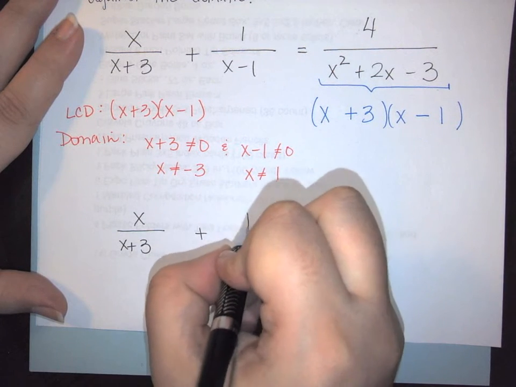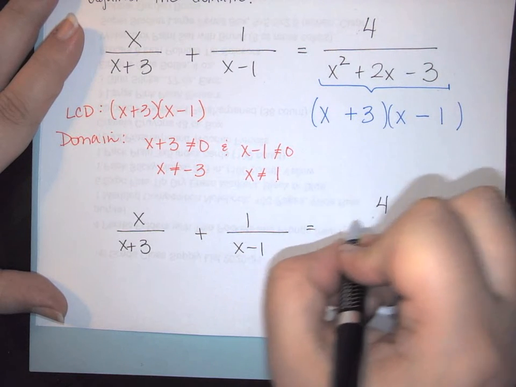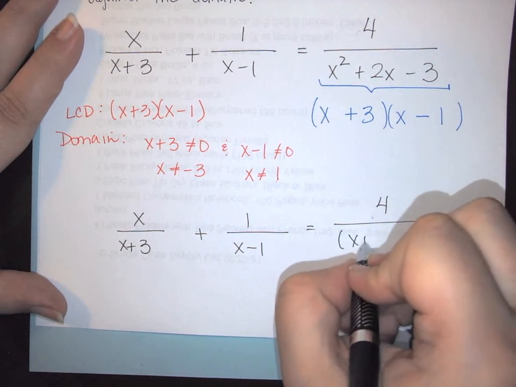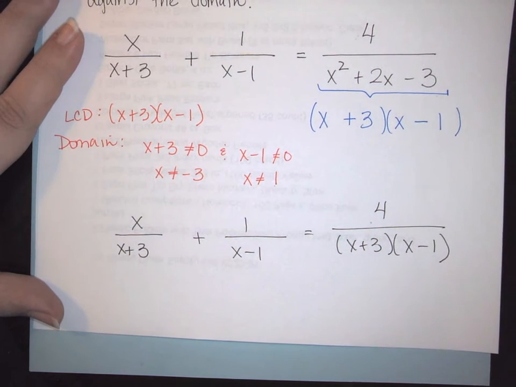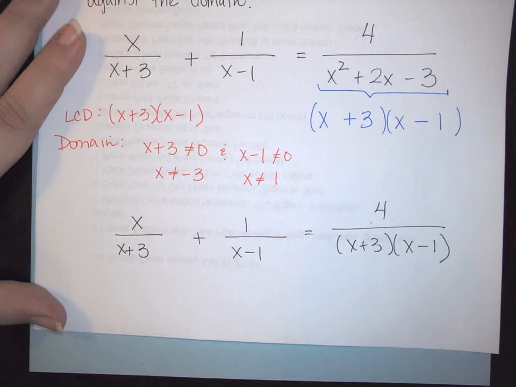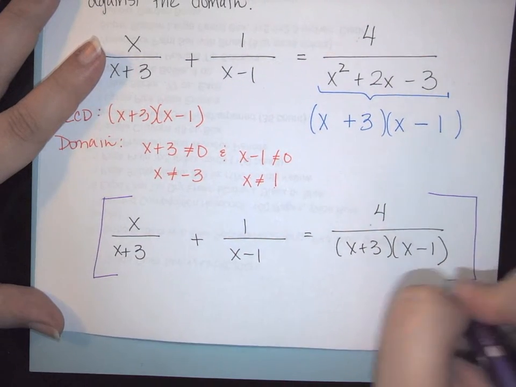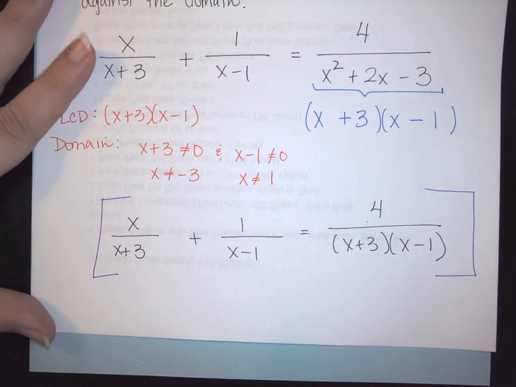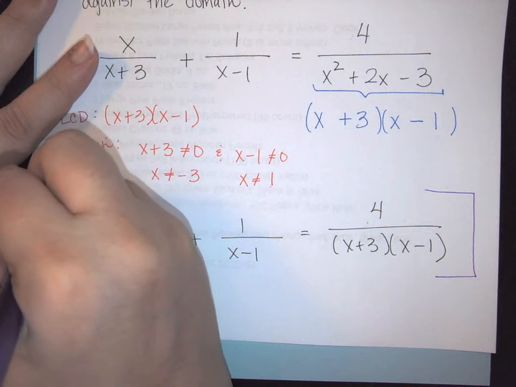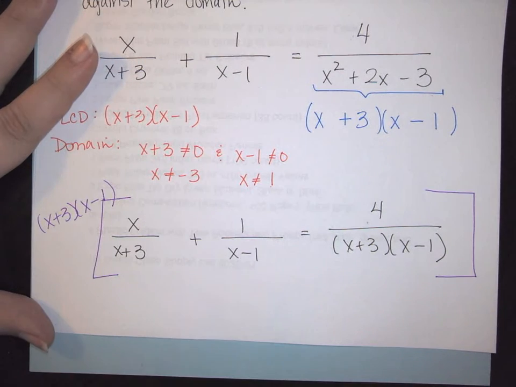We're adding that to 1 over x minus 1, and we said that equals 4 over x plus 3 times x minus 1. So what we're going to do here is multiply everything by that least common denominator. So we're going to multiply by x plus 3 times x minus 1.